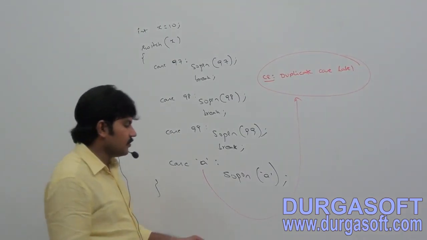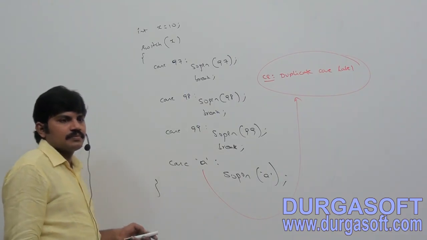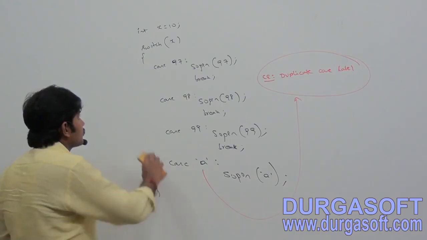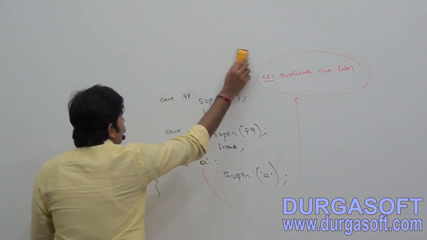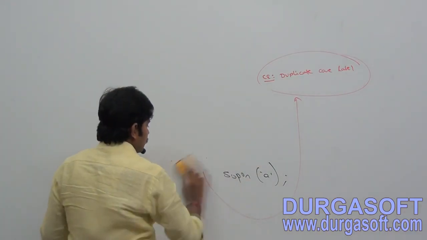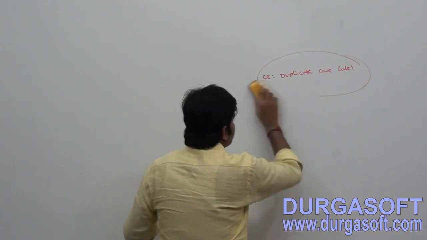Duplicate case label. Completed, I hope. Duplicate case label. Okay. Now the next terminology, understand this point well.